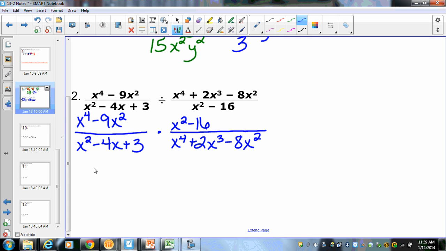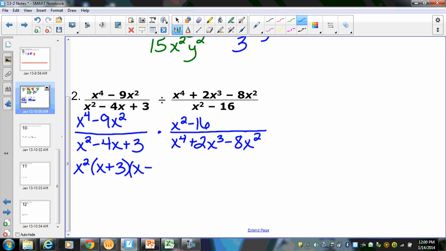And so at this point, before we start multiplying things, we want to factor everything to see if there's any common factors we can go ahead and cancel out. So x to the 4th minus 9x squared, I can factor an x squared out of both of those terms, which leaves me with x squared minus 9. But that is also factorable into x plus 3 times x minus 3.